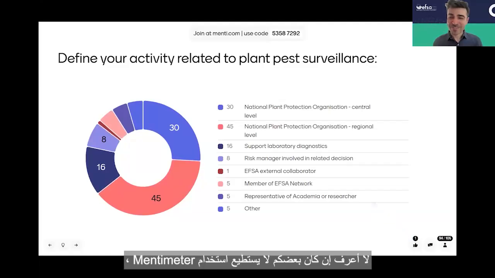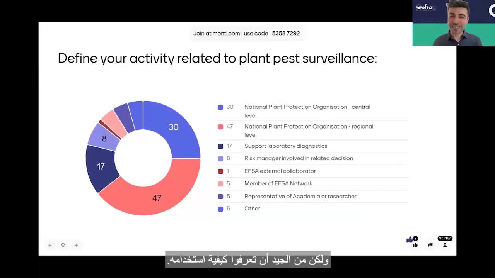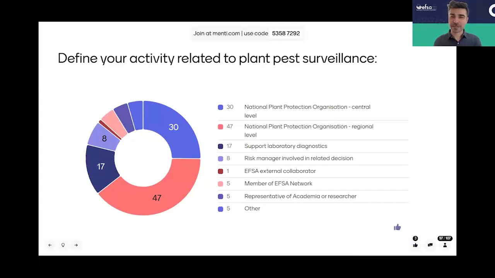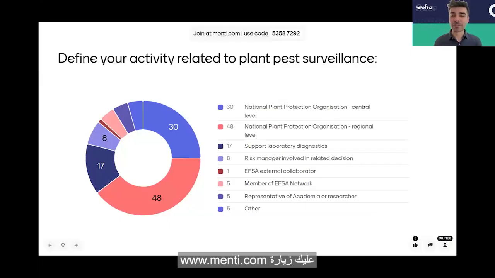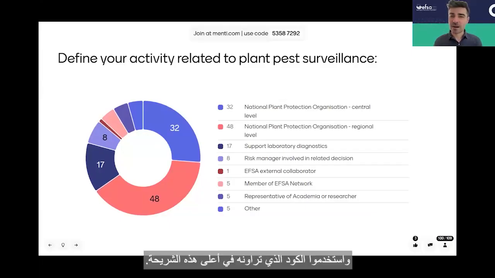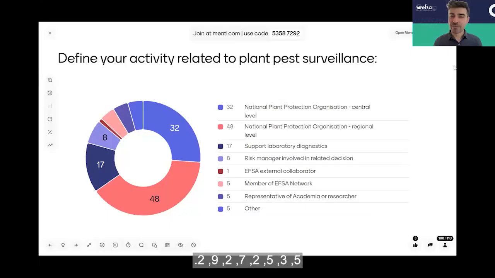I don't know if some of you are not able to use Mentimeter, but it is good for you to know how to use it because we will do a short quiz at the end of this webinar. So let me briefly repeat that you have to go to www.menti.com and use the code that you can see in the upper side of this slide.